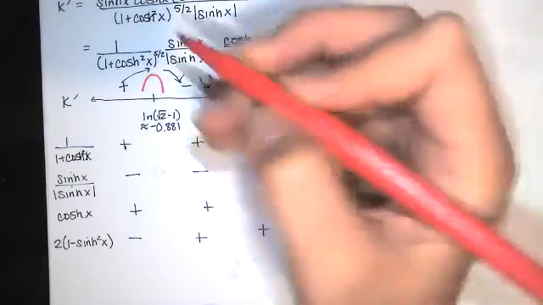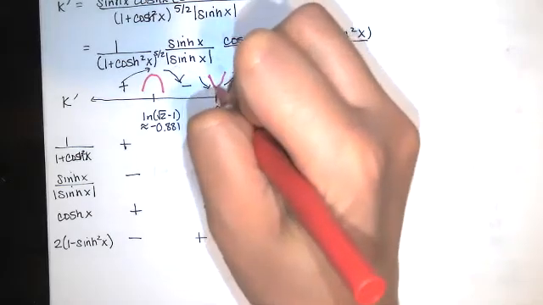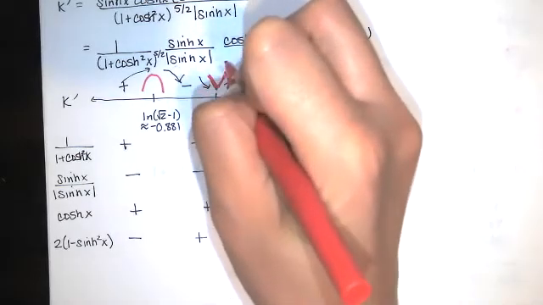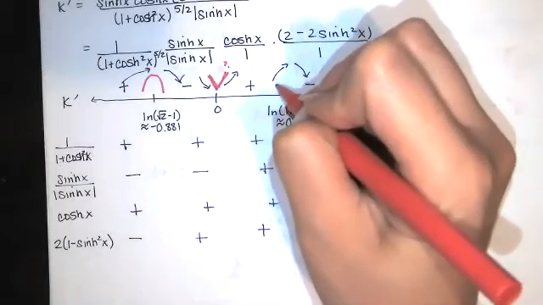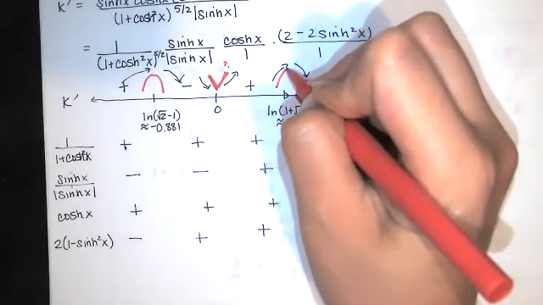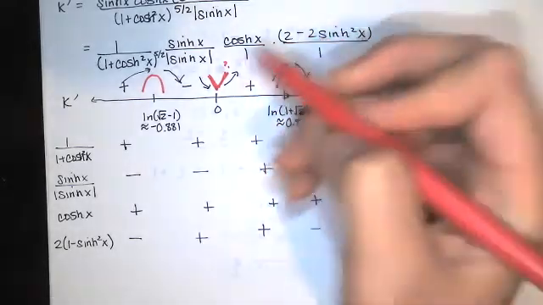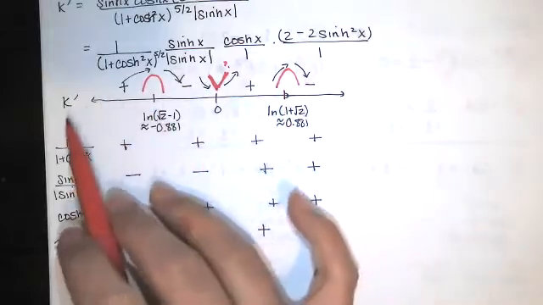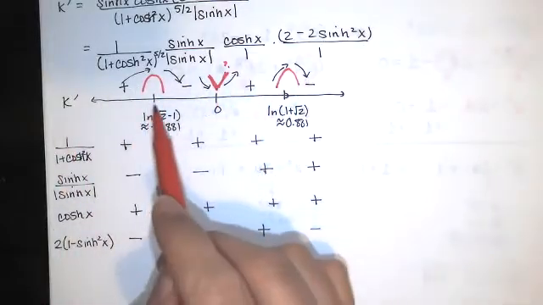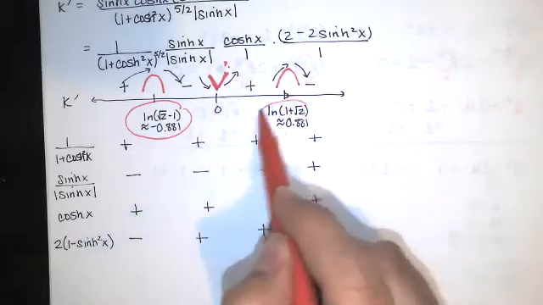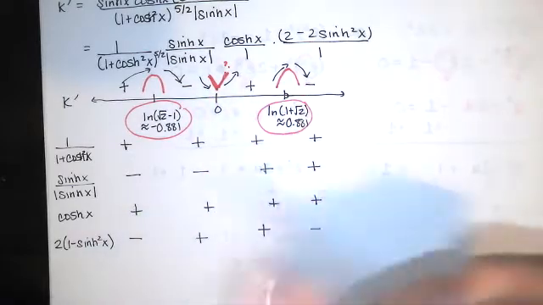We have a relative min here, but it's undefined, so maybe a sharp corner. And then over here, the function goes from positive to having a 0 slope to decreasing. That's the original function, not k prime, but k itself has this behavior. So we're going to have a relative max here, and a relative max here, and a relative min at 0.